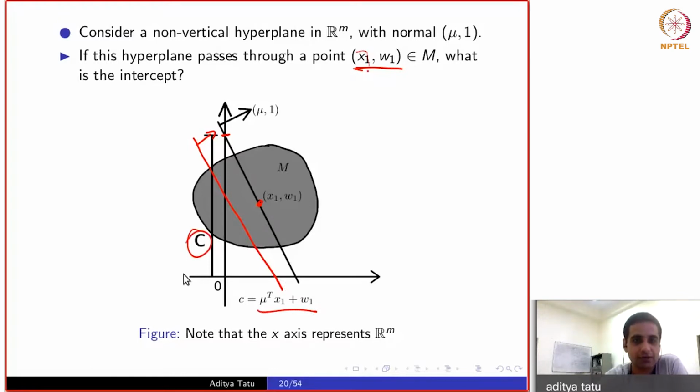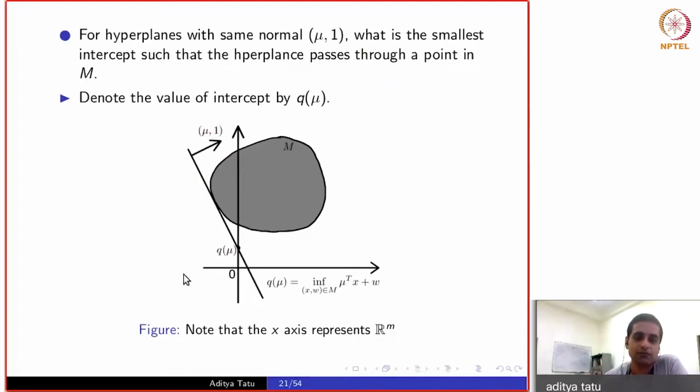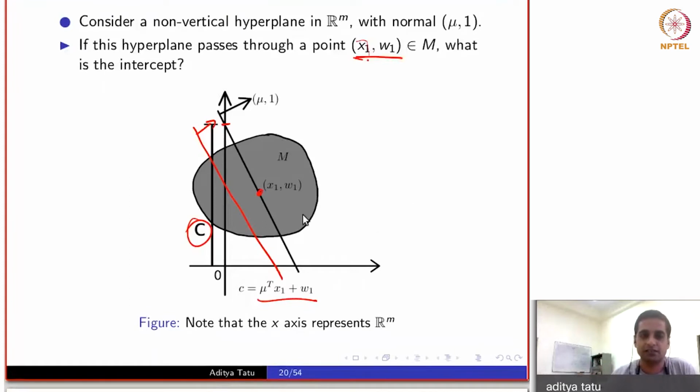Next, still not done. For all the hyperplanes which have the same normal vector mu comma 1, what is the smallest intercept that you can get such that the hyperplane still passes through the set M? If I compare this figure, the intercept value is this. Can I use the same hyperplane? By same hyperplane, I mean the same normal, but I can shift the hyperplane so that this intercept value is reduced.